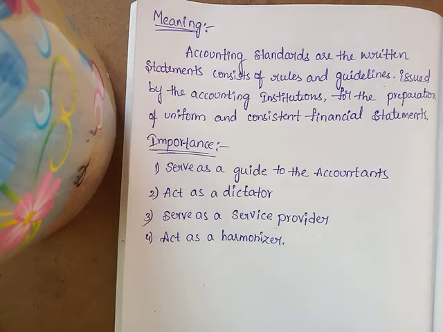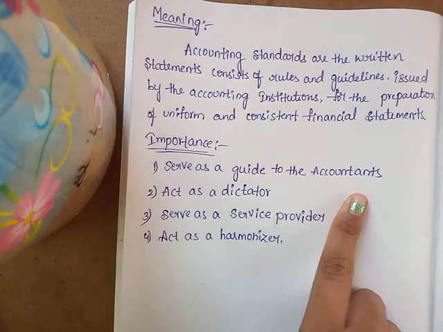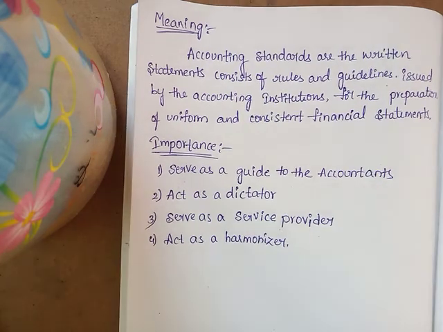Next is posting the transactions into the various accounts to find out the closing balances of the accounts, that is the ledger. Next is trial balance. Next, preparing trading account, profit and loss account and balance sheet. This is the accounting process. They provide the basis on which accounts are prepared. Okay, so this is serve as a guide to the accountants.